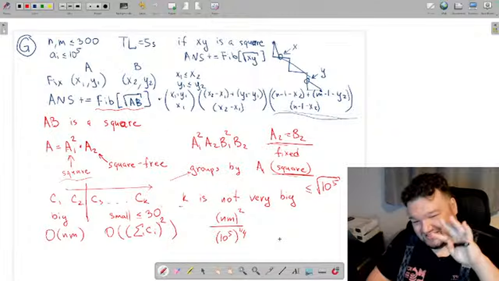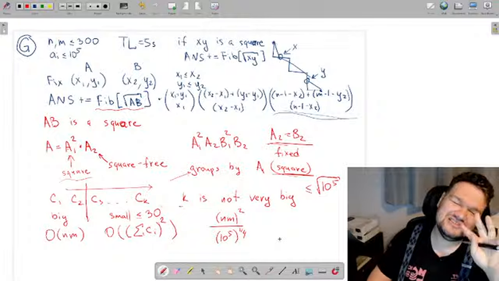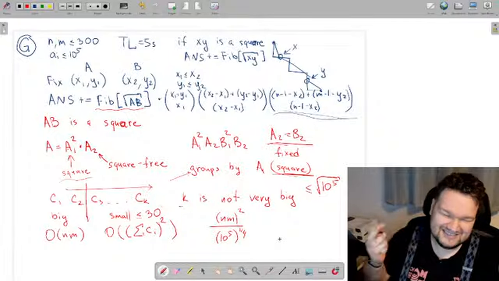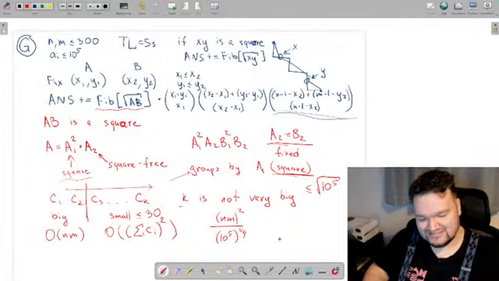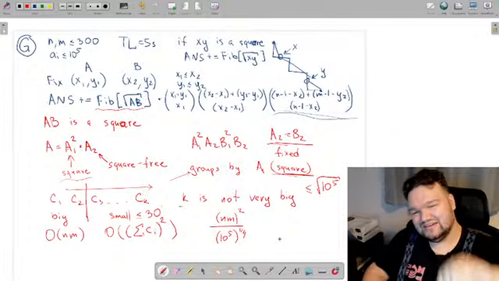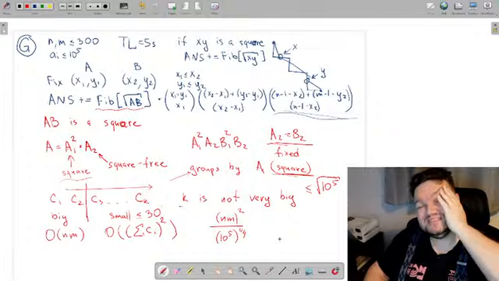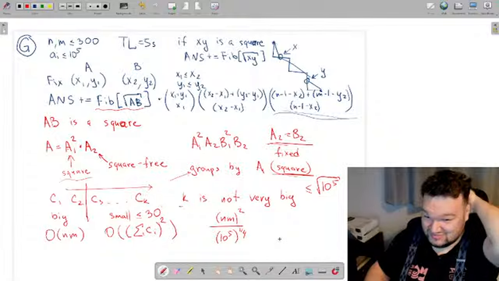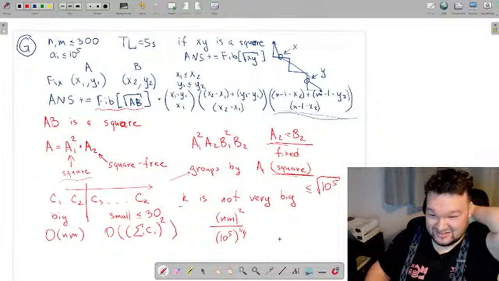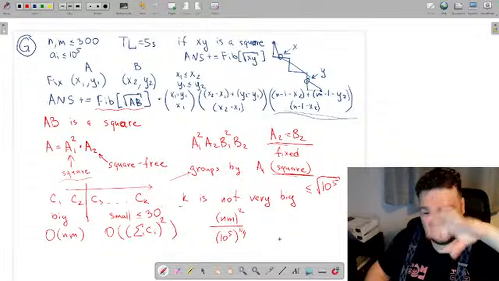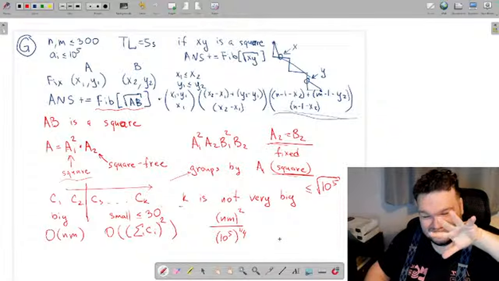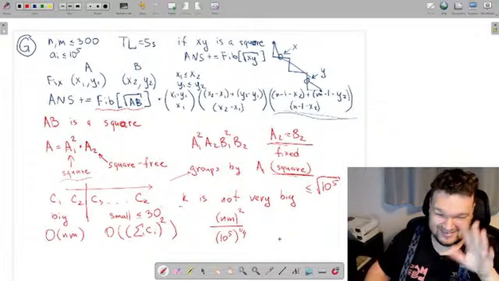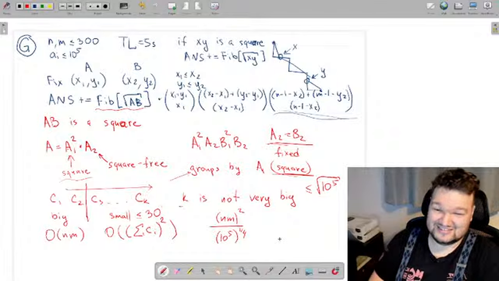Okay, so I get that it is not a very proven solution. I explained the motivation. I explained how to write the stupid area squared, and why this should be slightly faster, and it is fast enough to pass.